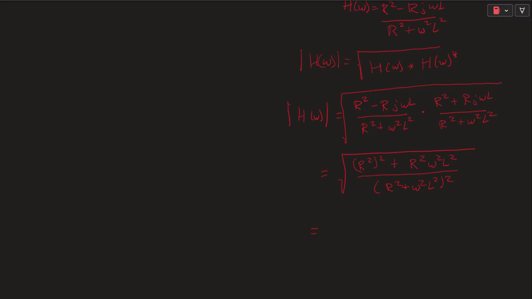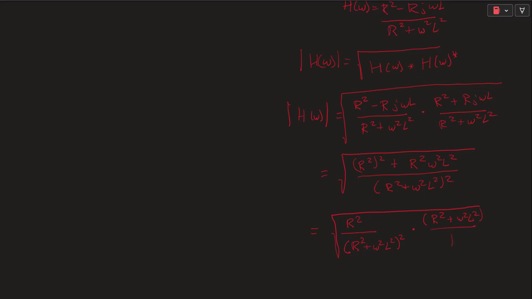Then I can factor an R squared out of the numerator, and in the denominator I get R squared plus omega squared L squared, times R squared plus omega squared L squared over 1.